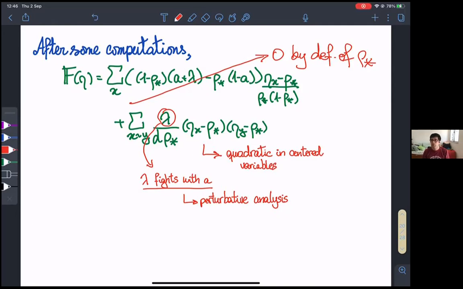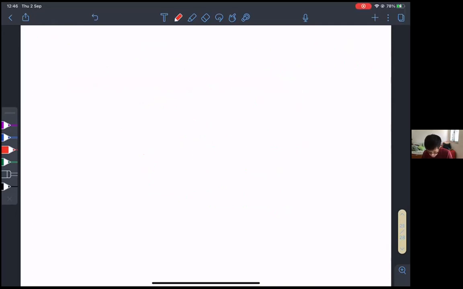right? Because, so maybe let me see. Yeah, this is my last slide, so I can write here. So what I meant is this also. So this integral is actually equal by duality.